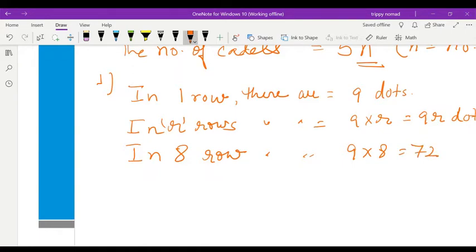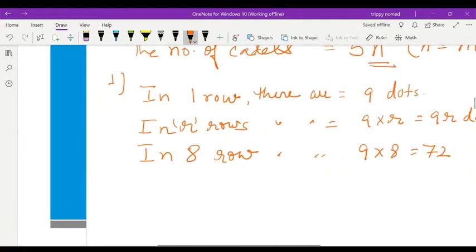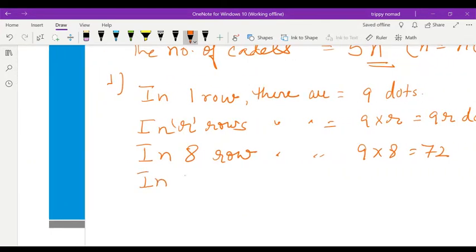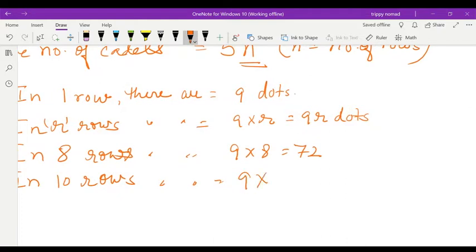And if there are 10 rows, in 10 rows, that is 9 into 10, 90 dots. That means, children, we are putting the value of R, that is the number of rows, and then we are getting the number of dots in however many rows you are going to draw.